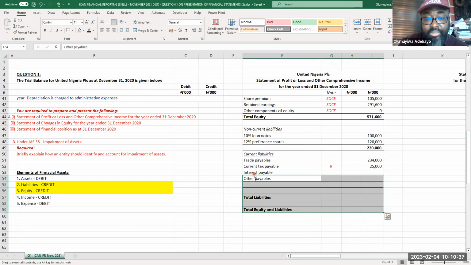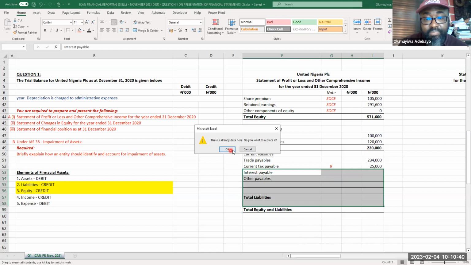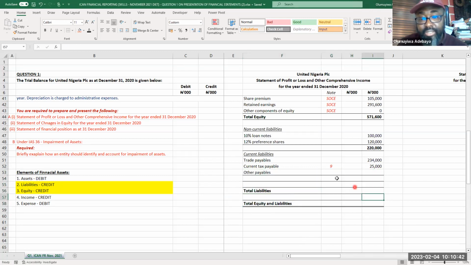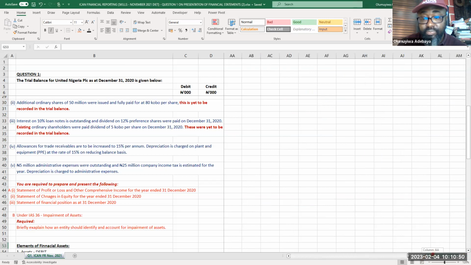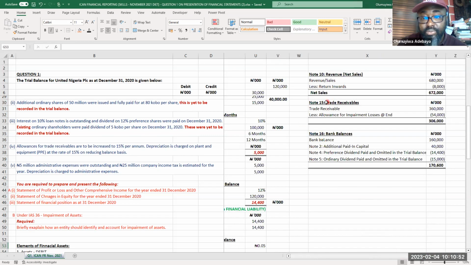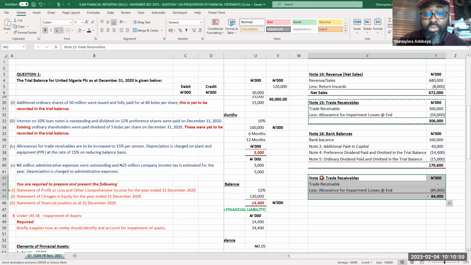Therefore, I'll just take it as other payables. Okay, other payables, I can do that as note 17.